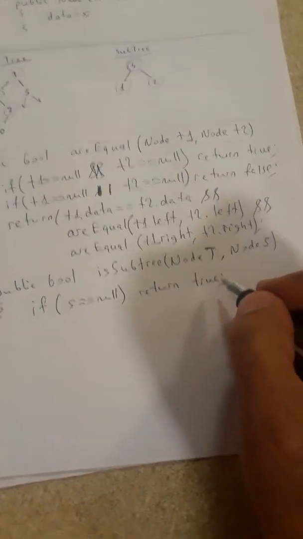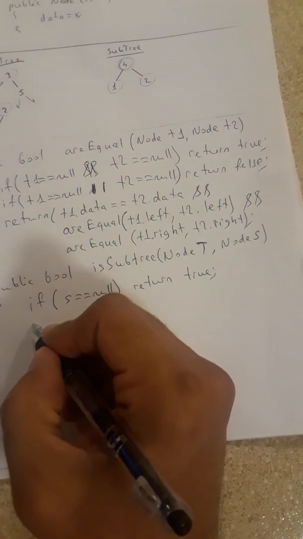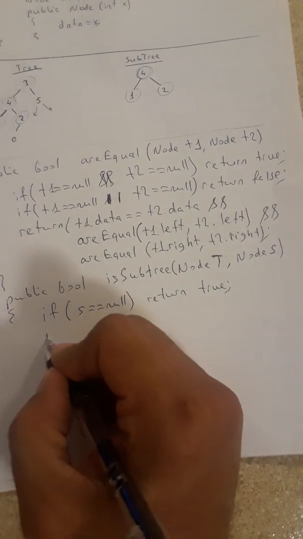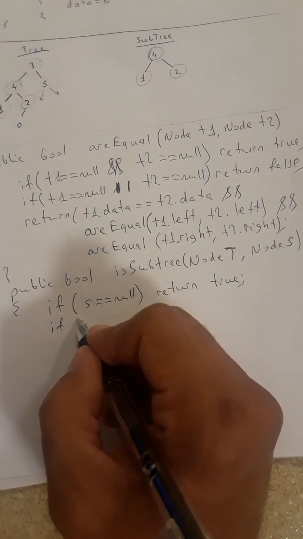I will just return true, meaning that if it's null, it's definitely a subtree.